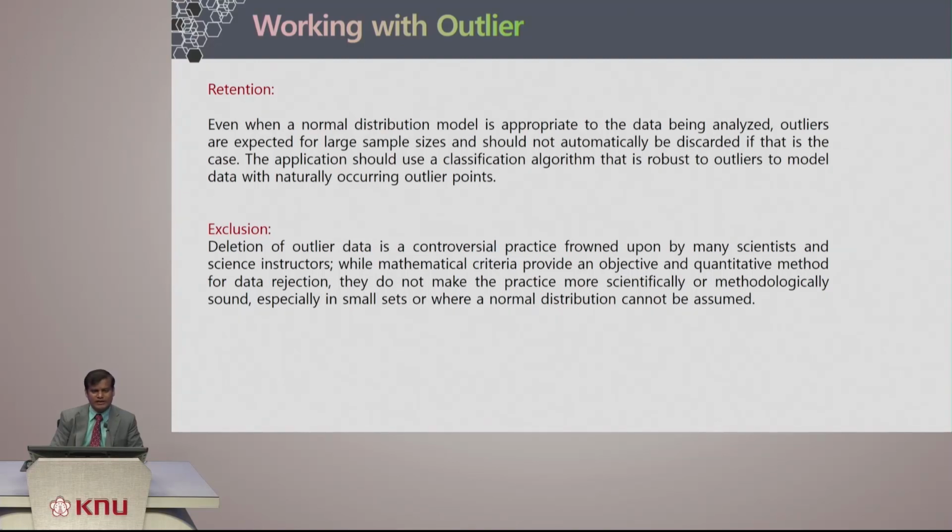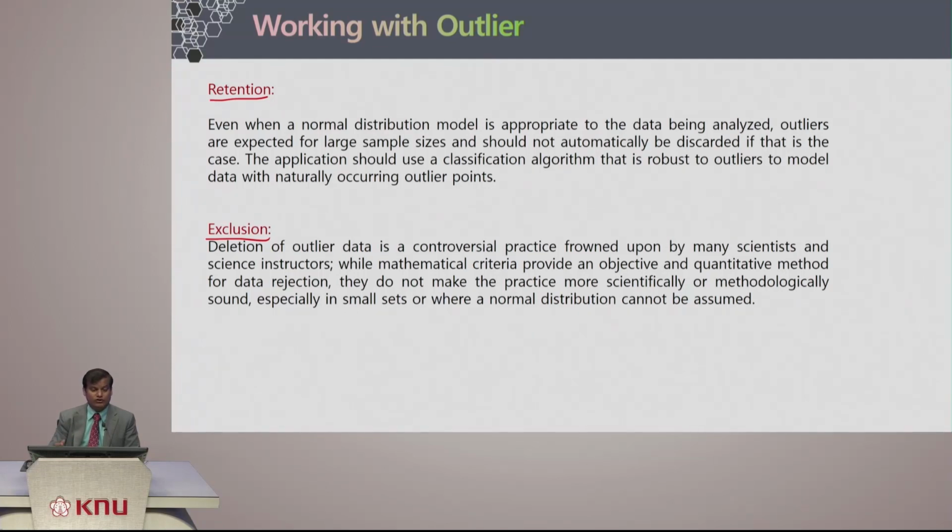Working with outliers, you can do either retention or exclusion. If there is an outlier, is this outlier important to your domain? Do you want to retain this value? At times the robust information can reveal that the outliers are important, and naturally these outliers might occur, and you have to make sure that you include those outliers.